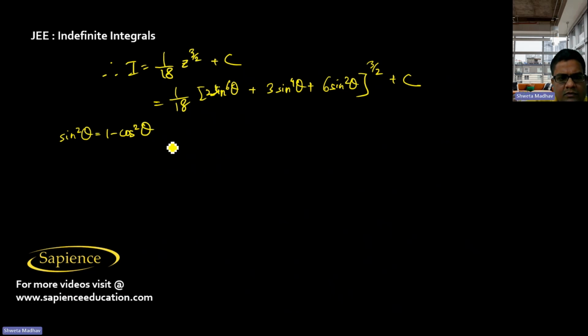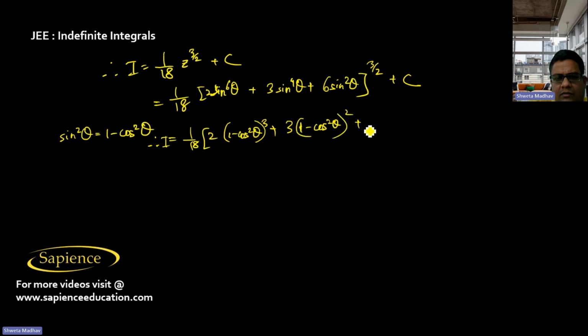So then, this integral I can be written as 1 by 18 into 2 into sine square theta whole cube, so this is 1 minus cos square theta whole cube, plus this is 3 sine square theta whole square, so it is 1 minus cos square theta whole square, plus 6 into 1 minus cos square theta whole power 3 by 2 plus c.